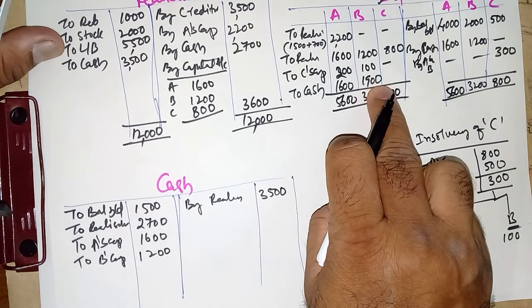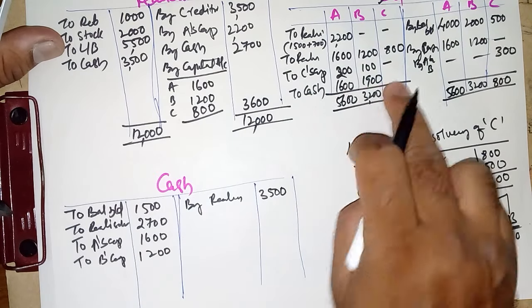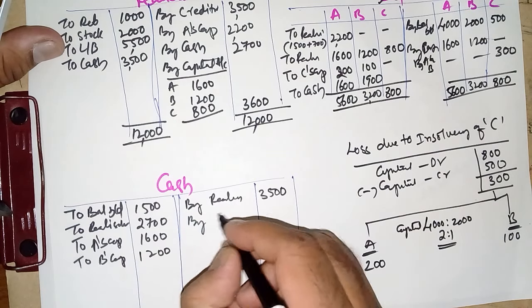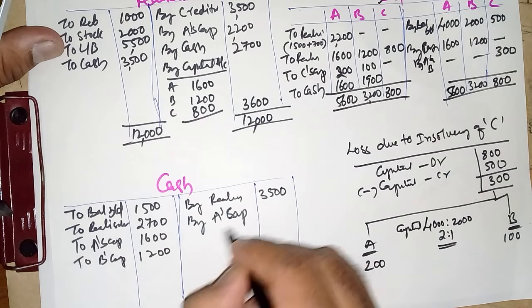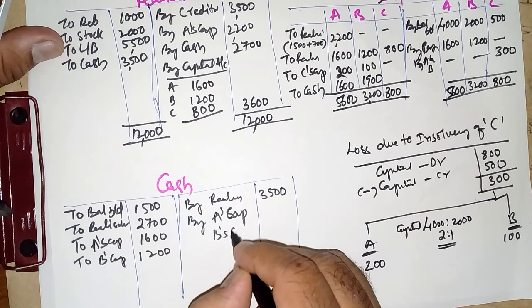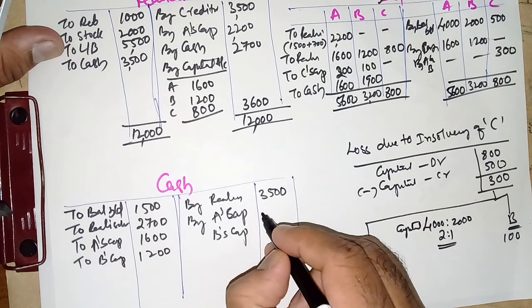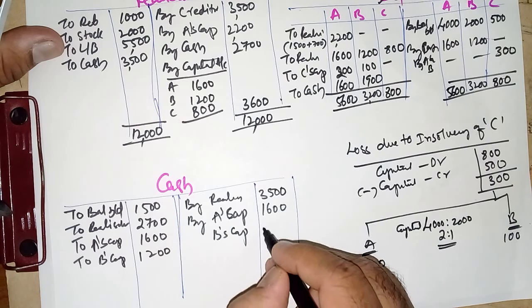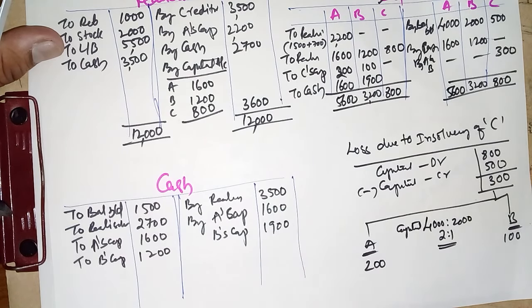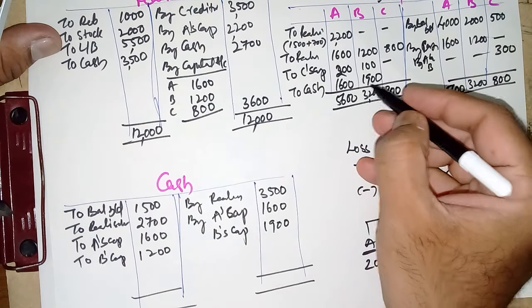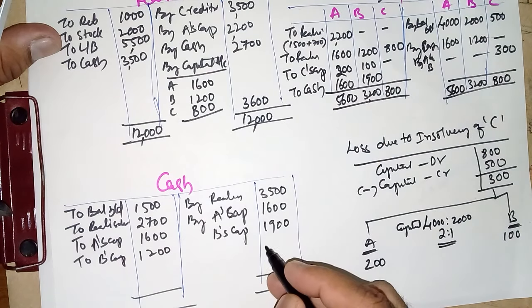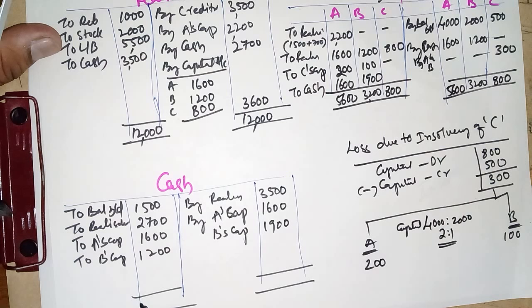This is debited in the capital account and credited in the cash account, by A's capital and B's capital, that is 1,600 and 1,900. Once this amount is debited in the capital accounts and credited in the cash account, our cash account should tally. When you make the summation, our cash account is tallied at 7,000 rupees.